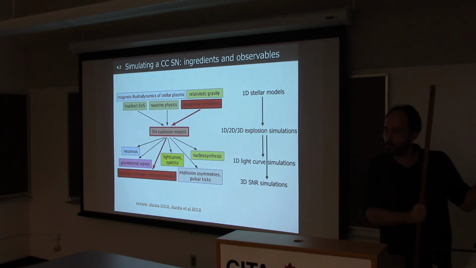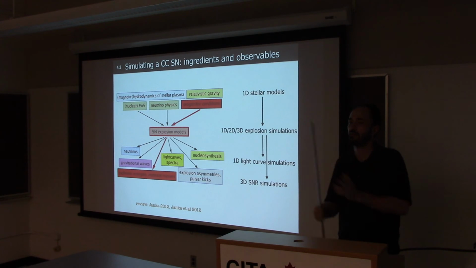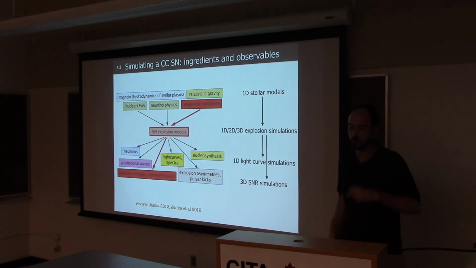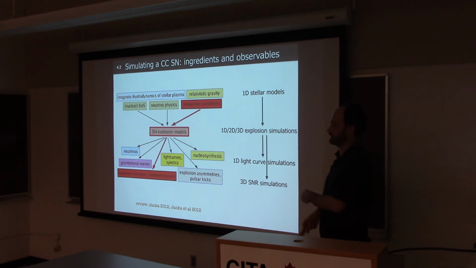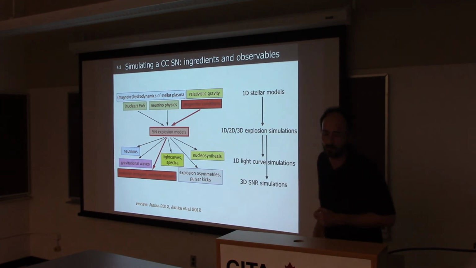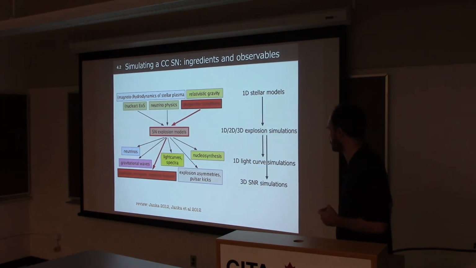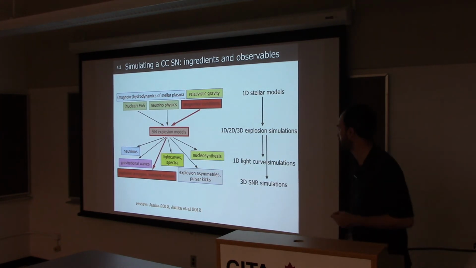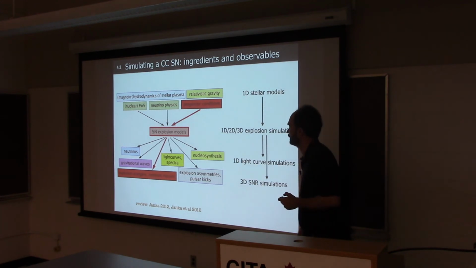Again, this is a different community who does the star evolution and gives them models. And with all of this, with or without gravity and GR taken into account, they try to simulate the explosion and then get the observables, typically light curves and spectra of the yields of the different elements.